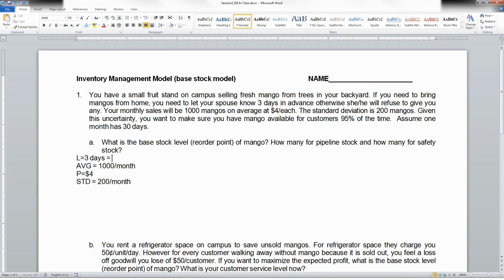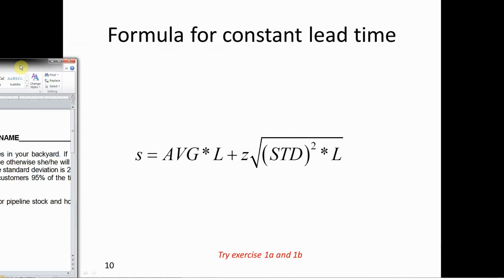So in this case, I would say 3 days is equal to 3 divided by 30, right? 3 days times 1 month is 30 days. I like to write out all the units to make sure I'm doing it right. So I take 3 divided by 30, and that would give me that. And then you just plug in your values here.